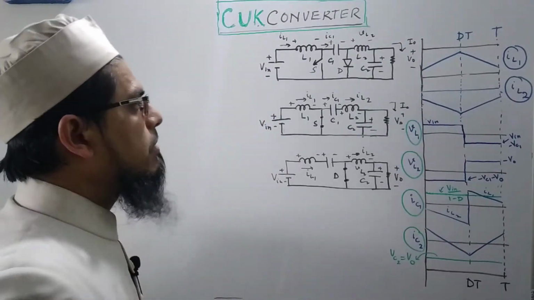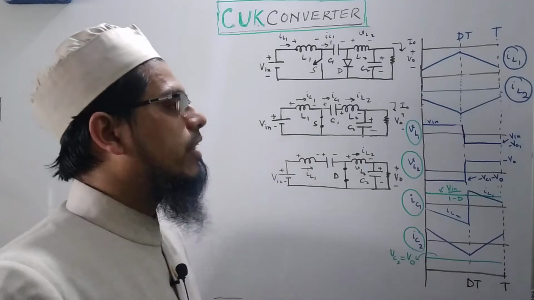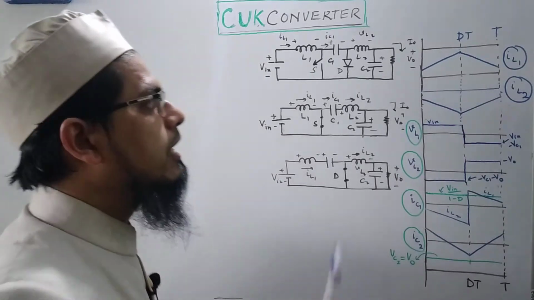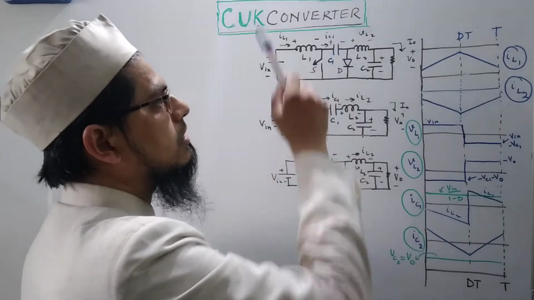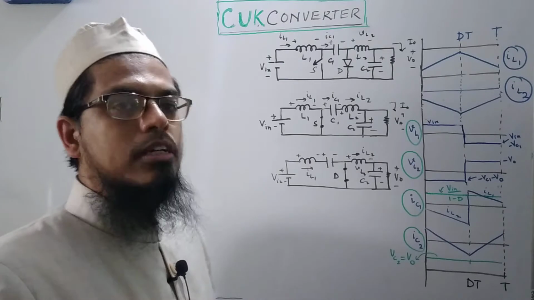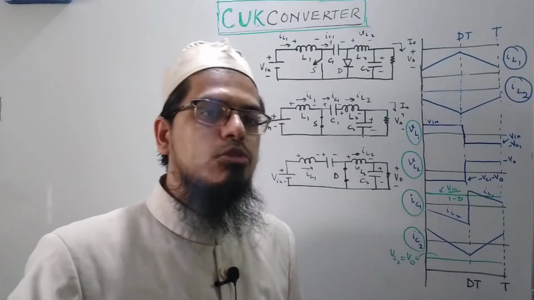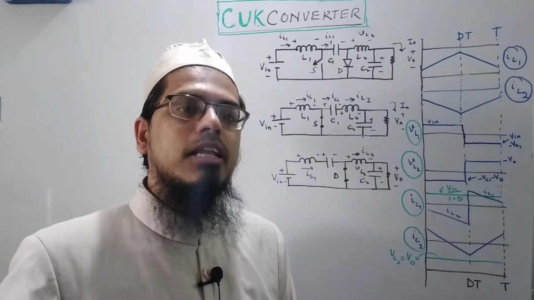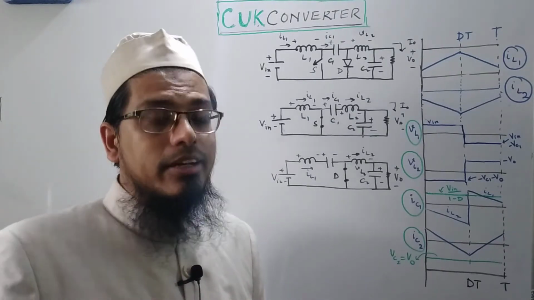The basic difference between this converter and the other three types is the presence of this capacitor C1 in the circuit. In the buck, boost and buck boost converters, the energy storing and transferring element is only the inductor.